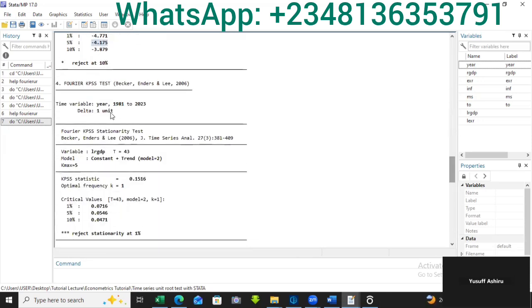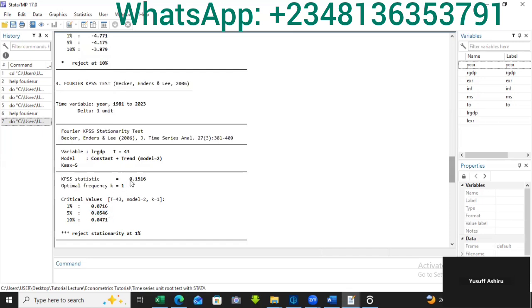Okay, let's check Fourier KPSS. This has the reverse null hypothesis. You can see this KPSS statistic is greater than the critical value at 5%. We have 0.1516, and the critical value at the 5% level is 0.0546.